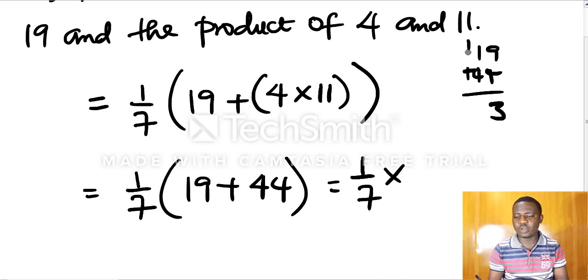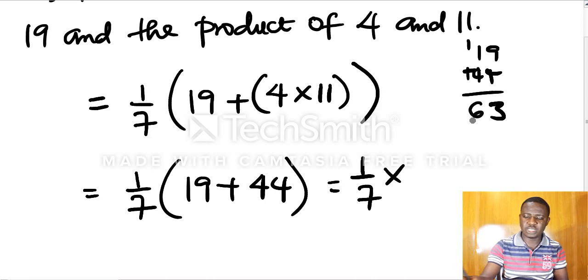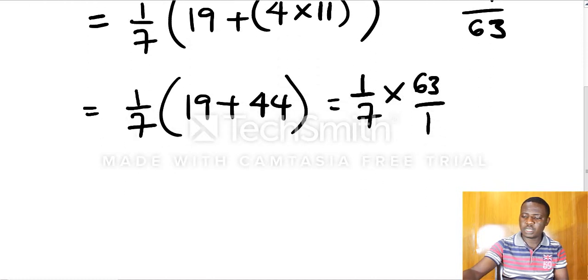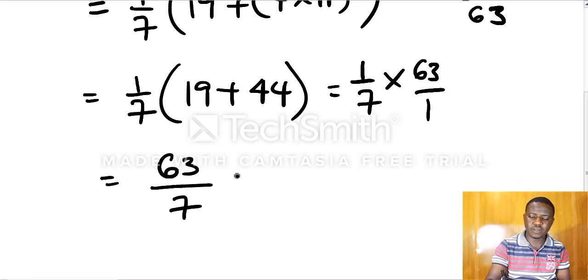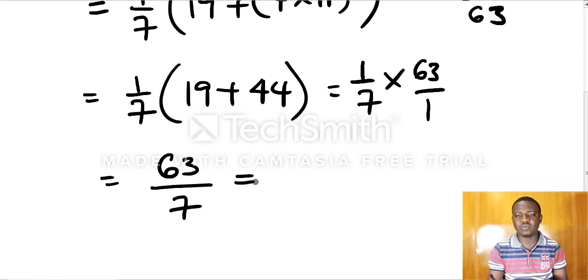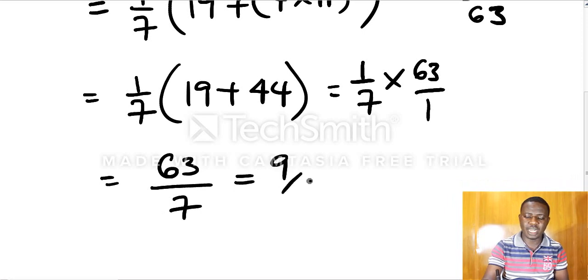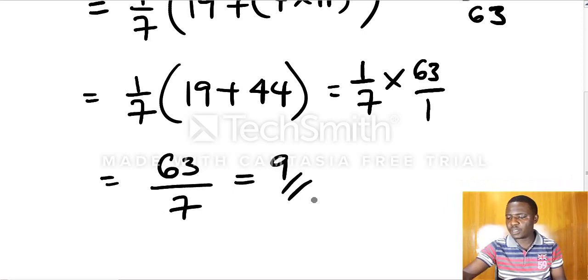Write down 3 and carry 1. 1 plus 1 is 2 plus 4 is 6. So this is 1 over 7 times 63 over 1, which will be equal to 63 divided by 7. And 63 divided by 7 is 9 as your answer.